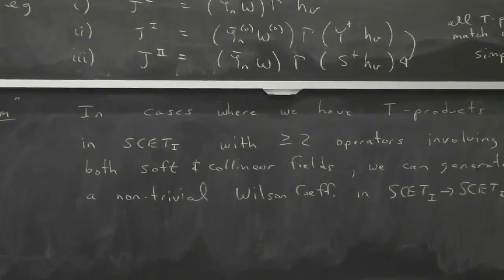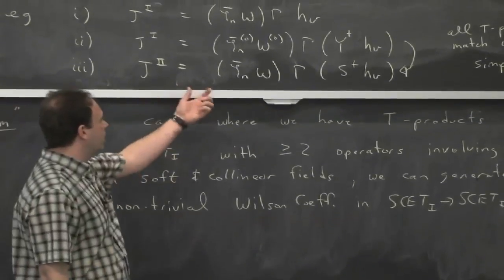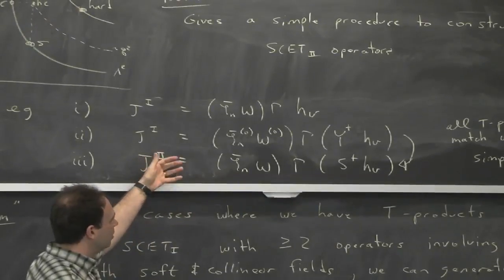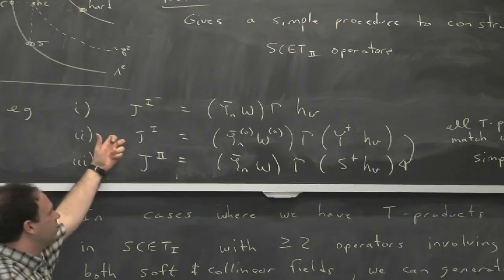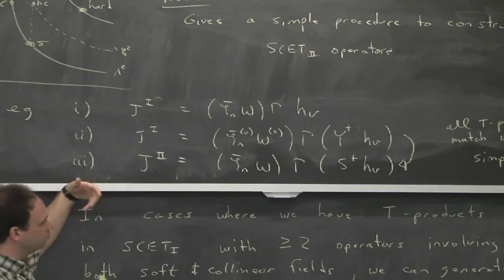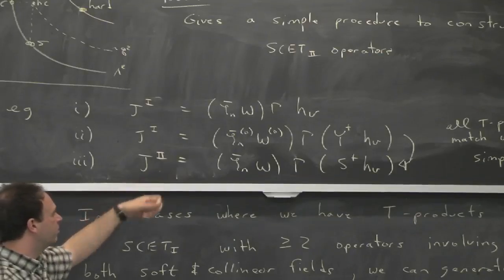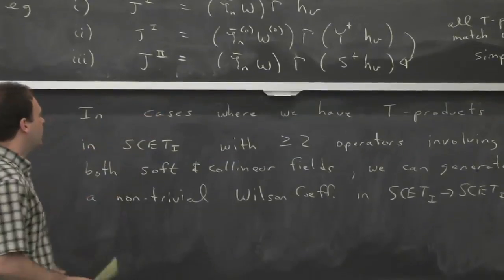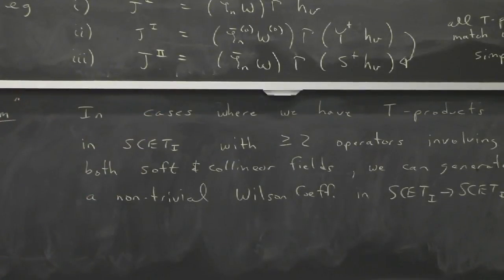In this particular example up here, we only had one operator that had both soft and collinear fields, this external current. And then we had Lagrangians, but they were totally decoupled after we made this field redefinition, the L0 Lagrangian. So they don't count as something that's mixing soft and collinear fields. We just had this operator. But if you had 2 of these operators and you wanted to go through the same procedure, then you could get something non-trivial.